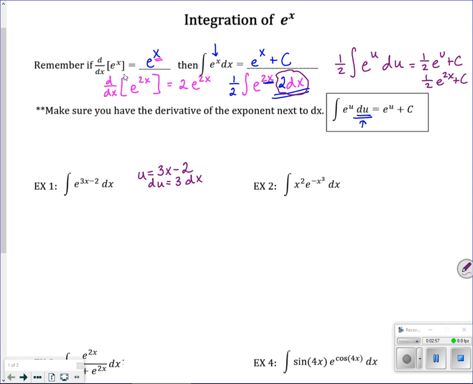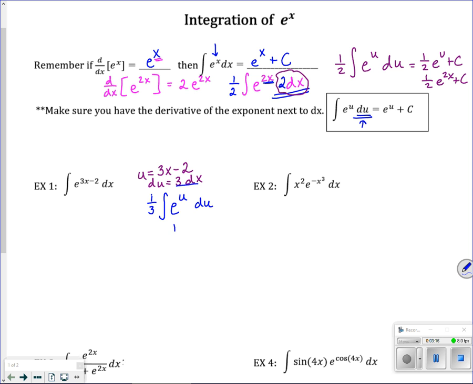I'm going to do this first one the true u sub way, so you see it, and then I'll do the fast way. I would have e to the u. I would replace dx with du over 3, which is 1/3 e to the u.